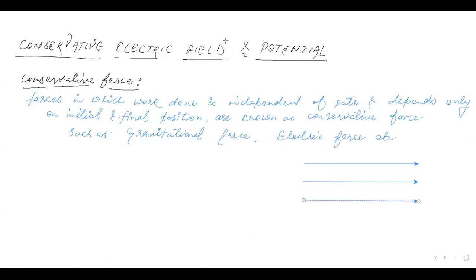In this field, there are 2 points in which a charge is carried from point A to B. You can carry this charge from this path, or you can carry this charge from this path. It doesn't matter. This is your path 1. You can take it as path 2 and path 3. It doesn't matter what is the path of the charge from A to B.